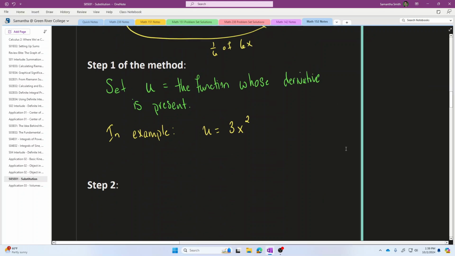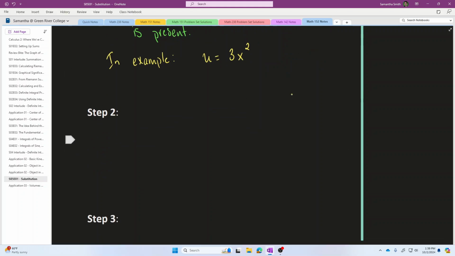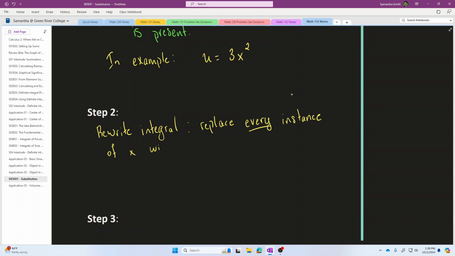Step number 2 is to rewrite the entire integral. And the goal is to replace every instance of x, the original input variable, with an equivalent in terms of u.